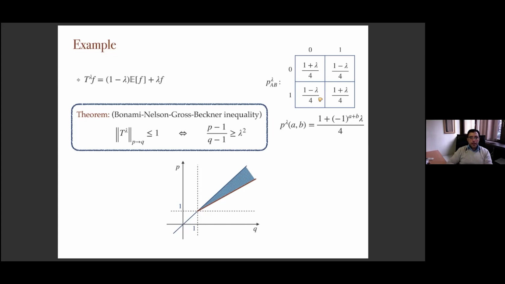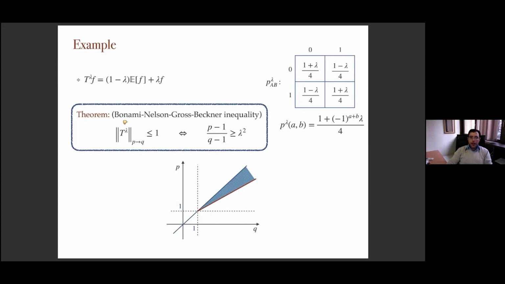Okay, what else can I learn about this theorem? Remember, this parameter lambda is equal to the maximal correlation of P lambda, right? The maximal correlation that we studied in the previous lecture for this distribution is equal to lambda.